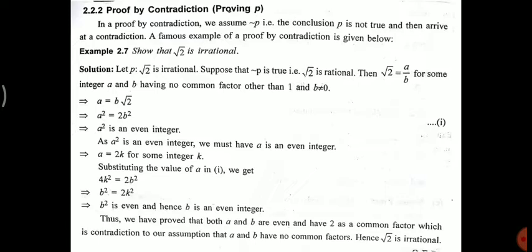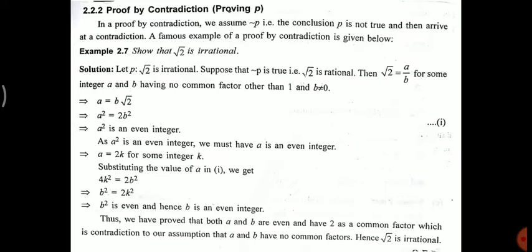And if we start with negation of p being true and then reach a false conclusion, then we say that negation of p is false, which implies p is true. So this is the method.